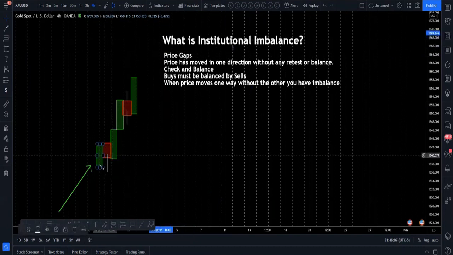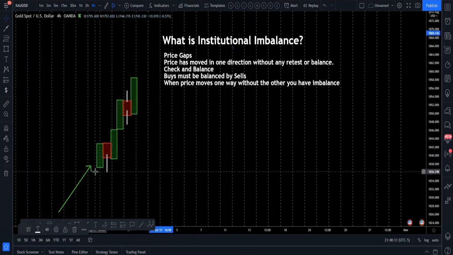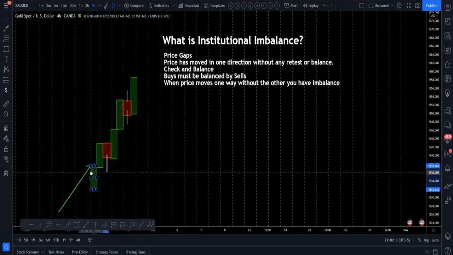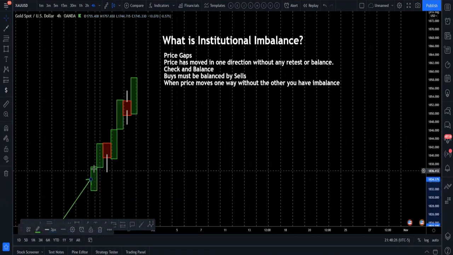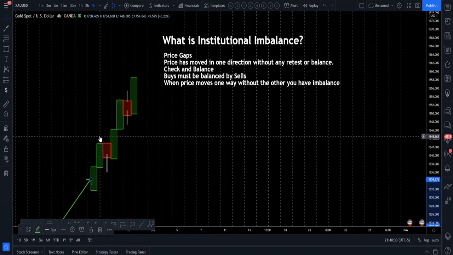So if you have price moving up here, there's incentive because price had moved up from here. Let's say we copy this and move this down here. Now we're in an uptrend and price has moved higher than this last candle.